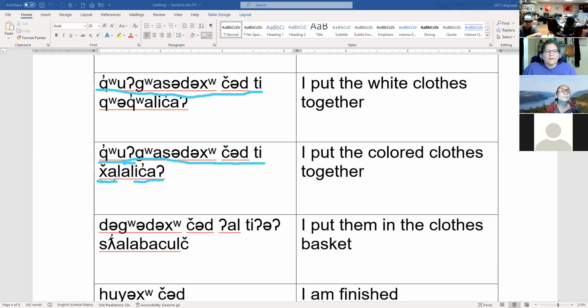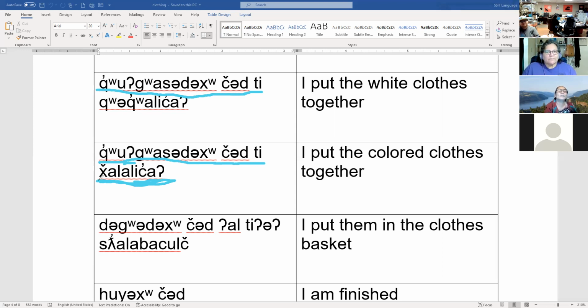So this part you can totally switch out, right? If you don't separate your clothes with just white and colored and you want to put towels, you go Gwasada chati towels. But for towels, I use equosid.